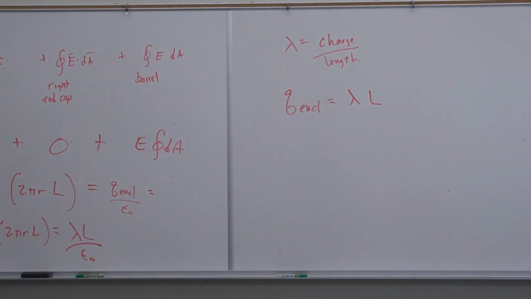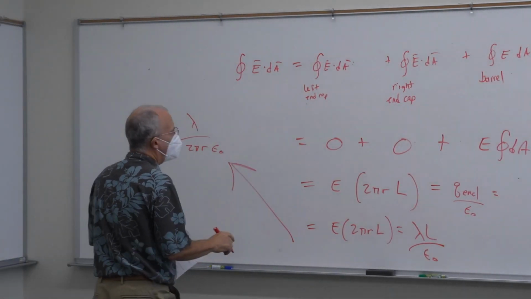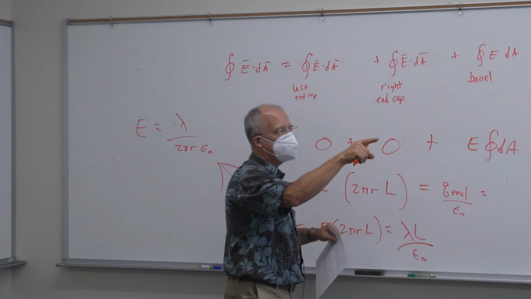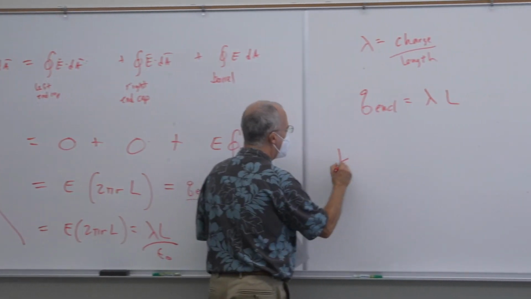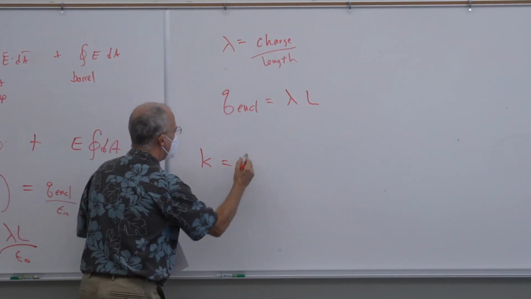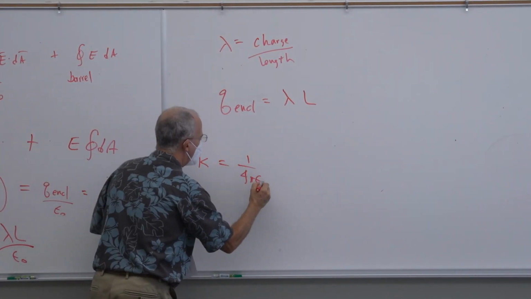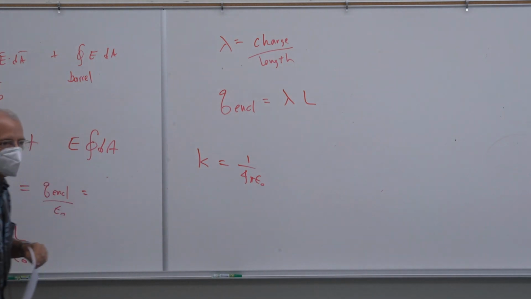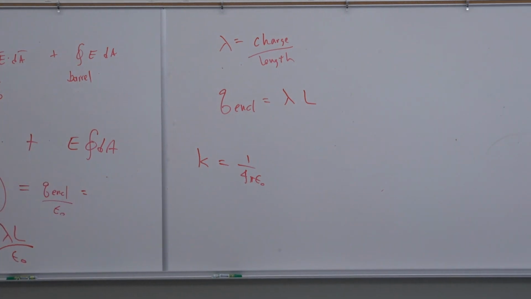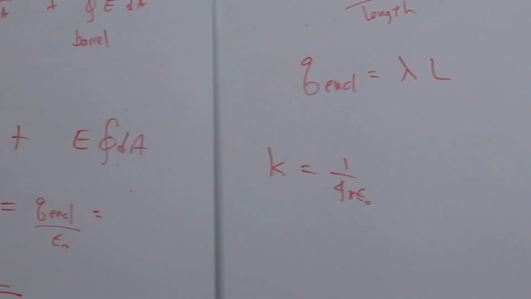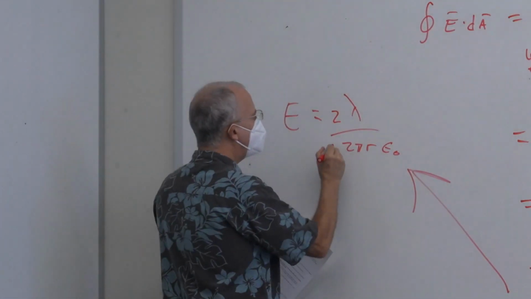Okay, now let's make this a little bit nicer. When we did this the first time, I think we had it in terms of k. Remember, k is 1 over 4 pi epsilon 0. Now I'm pretty close. What do I need to do? So, 2 over 2.